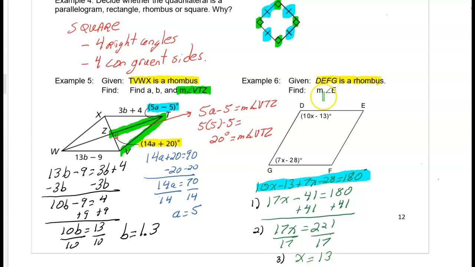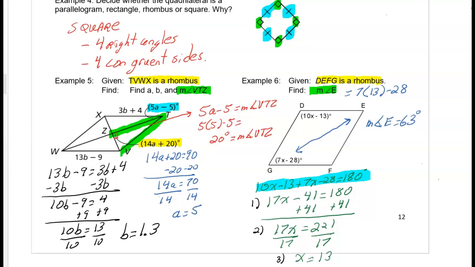Now the goal of this problem was to find angle E. We know the opposite angles in a parallelogram are equal. So that tells me angle E is the same as angle G, so 7 times 13, take away 28 gets me the measure of angle E to be 63 degrees.